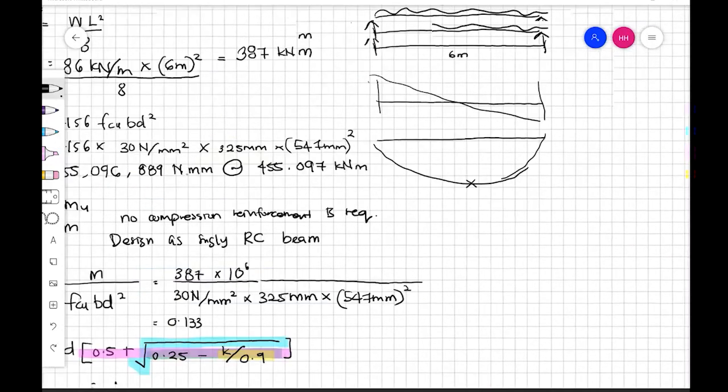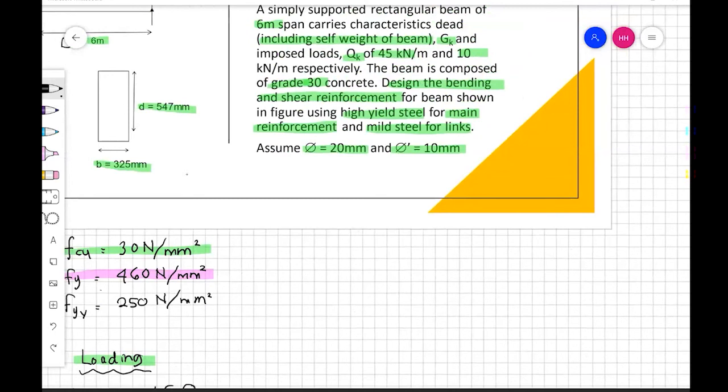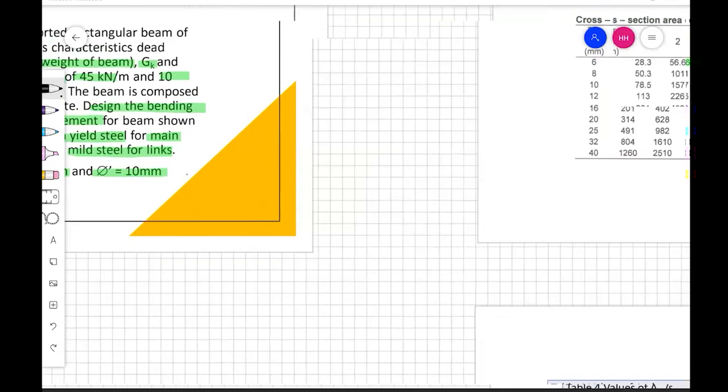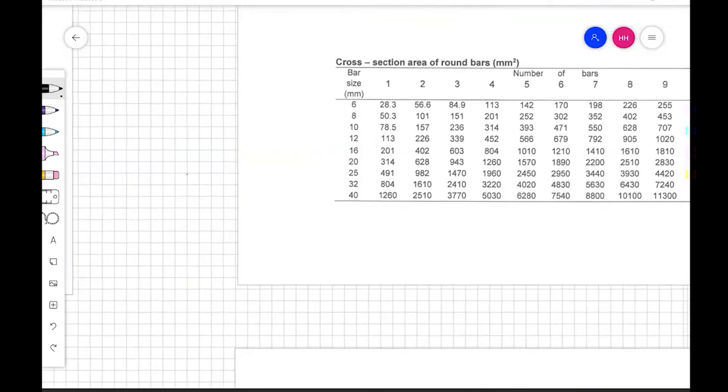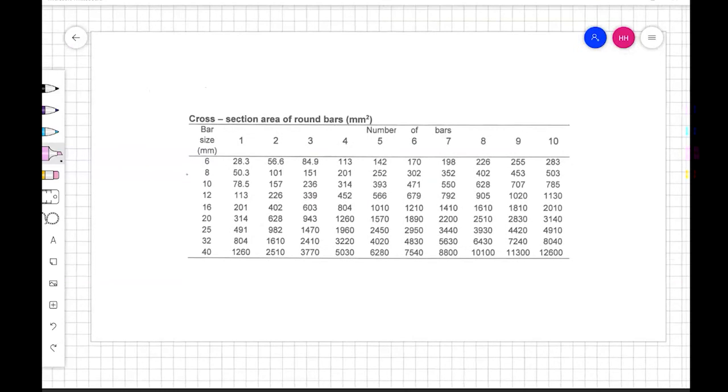Okay, noted that in the question, it says that you have to use 20 mm diameter bar. So when it says 20 mm, kita kena stick dengan 20 mm lah. Jadi I select kat sini. Kita tengok. 20 mm. So I direct kat sini.